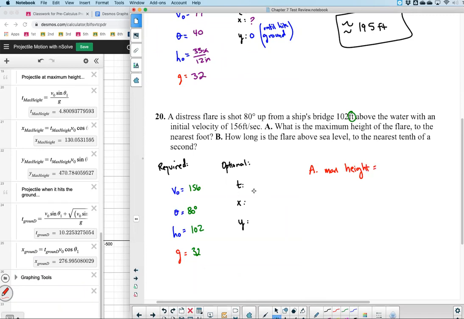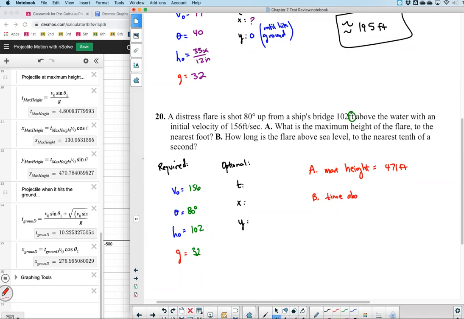Maximum height, is that an X, a Y, or a T? Oh, it's a Y. So if you go to the maximum height, it's the Y. It's 470. It says round to the nearest foot. So 471 feet. And then part B, how long is the flare above sea level to the nearest 1/10 of a second?